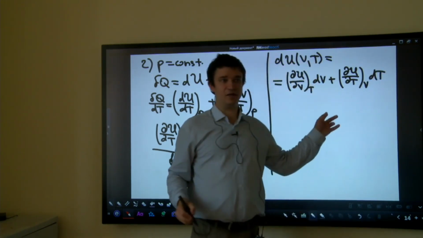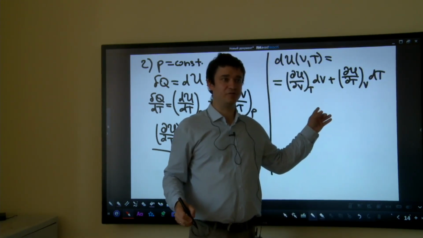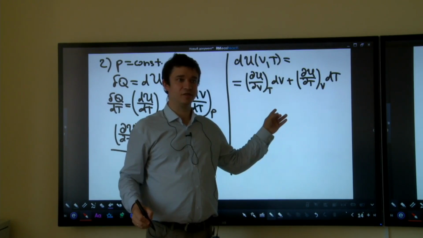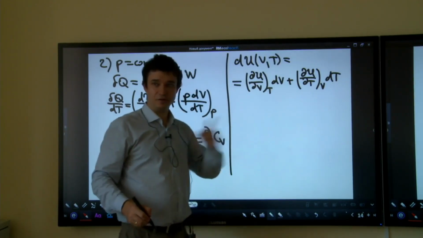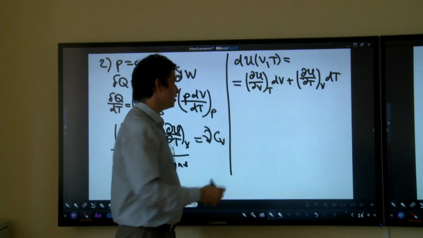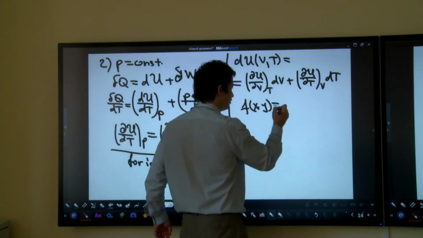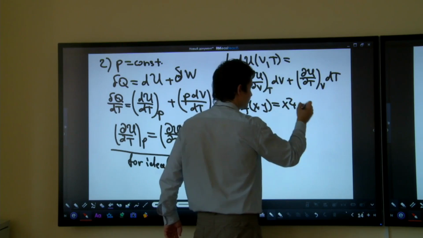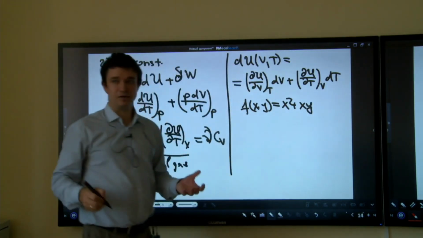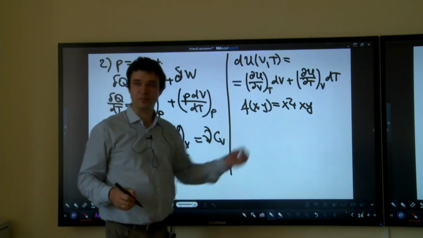Okay, but do you understand what the partial derivative actually is? Okay, you don't know. It's very simple. If you have a function of multiple variables, for example, like this, x squared plus xy, you can calculate partial derivatives.